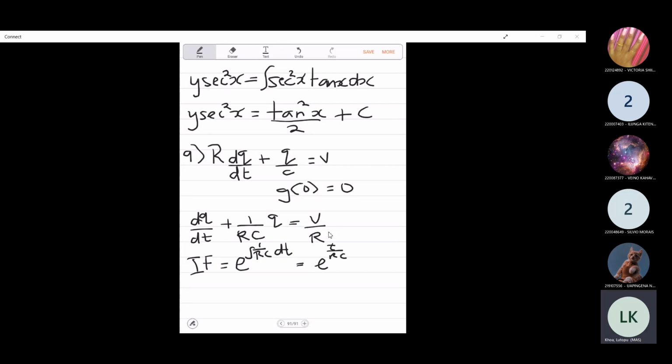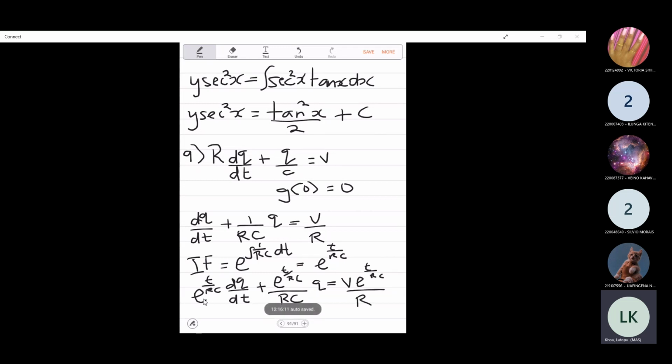And then we multiply as we always do. So this is e to the power of t over RC dQ/dt plus e to the power of t over RC times Q, which is V e to the power of t over RC divided by R.